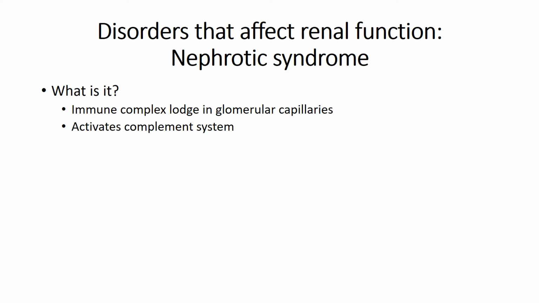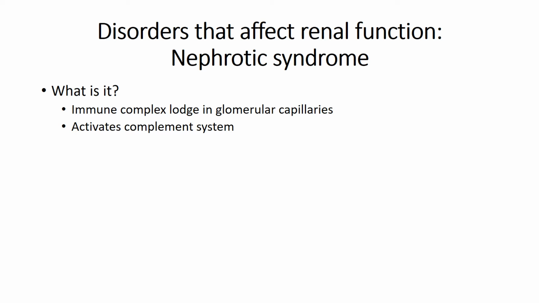This is due to antigen-antibody complexes lodging in the glomerular capillaries, activating the immune complement system. And remember that the complement system activates an inflammatory response, which can increase the porosity of the capillaries, resulting in higher filtration. Now, in this nephrotic syndrome, we actually get thickening of the basal membrane, which can reduce glomerular filtration in the end.